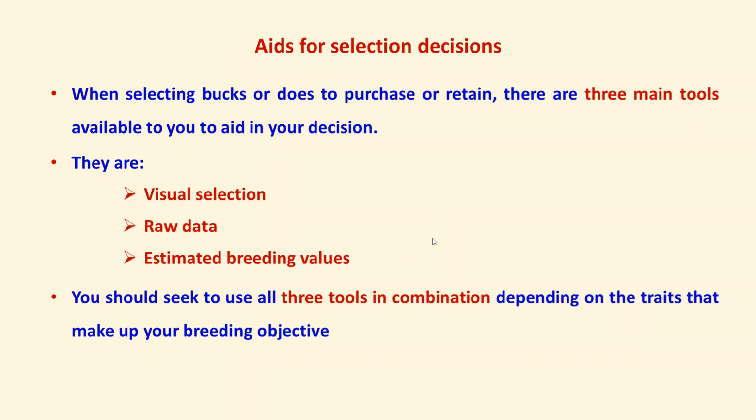Now next is estimated breeding value. Estimated breeding value is very important for research purposes. Why am I saying this? Estimated breeding value is the most correct tool of selection among these three. But the calculation of estimated breeding value is a little complex for the breeder farm, for the farmers, for the field veterinarians.